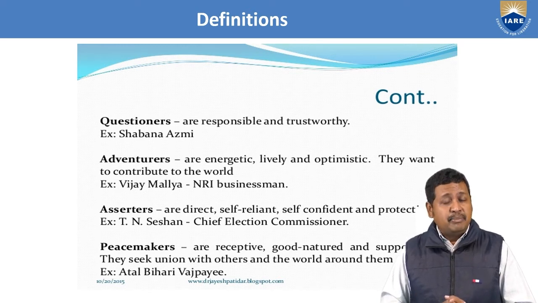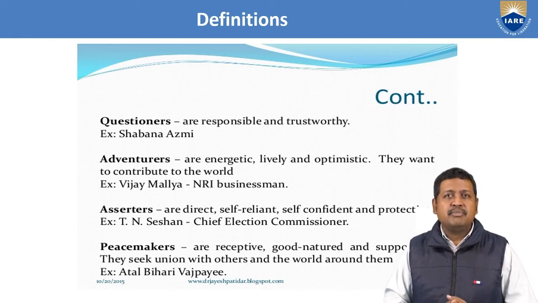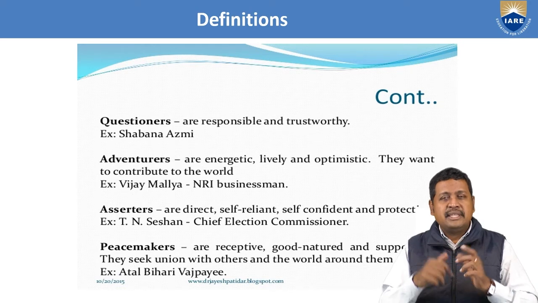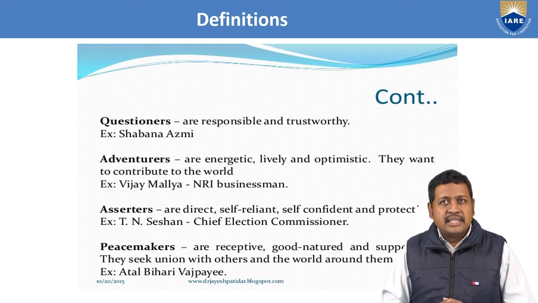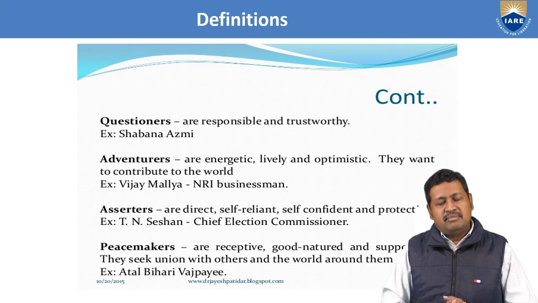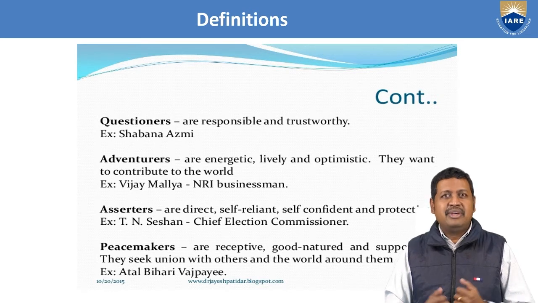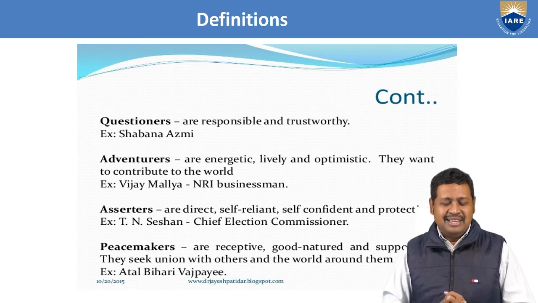In the olden times, I remember this man's photograph in the newspapers. T.N. Seshan, one of the chief election commissioners, a very great man, and a person who believes in himself a lot. He doesn't go back when he takes a decision. His willpower is very, very strong.